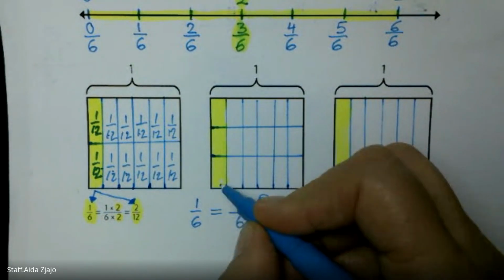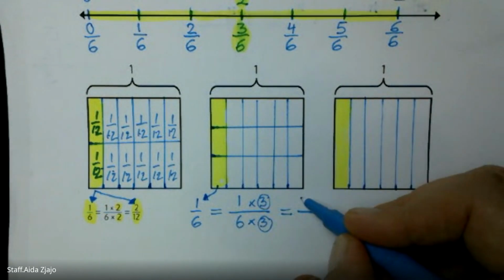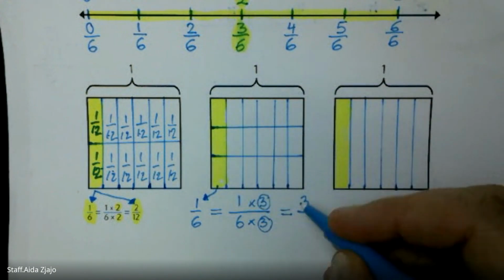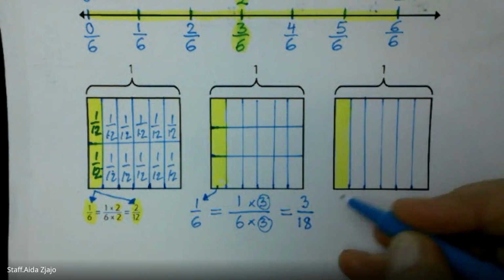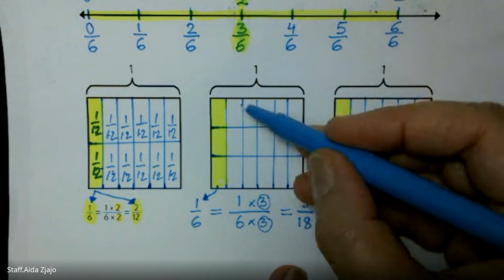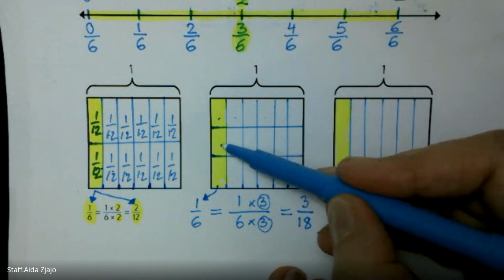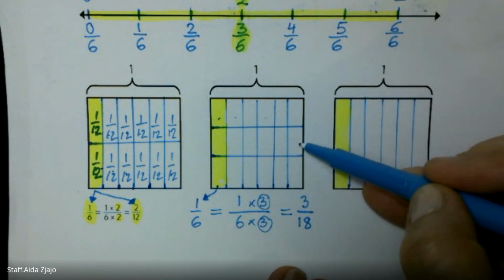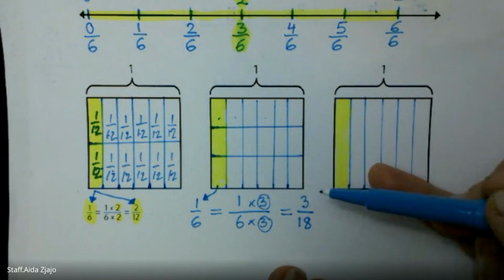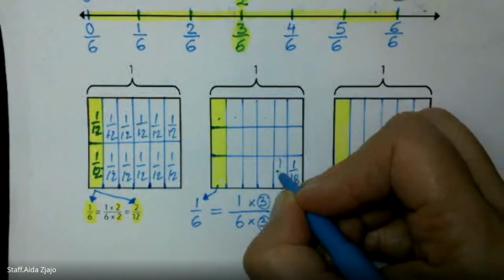This is 1/6, but it's also 3 out of, what is it? 3 times 6 is 18 pieces. So one of these is 18 out of 18. 1, 2, 3, 4, 5, 6, 7, 8, 9, 10, 11, 12, 13, 14, 15, 16, 17, 18 pieces makes a whole. Each represents 1/18.